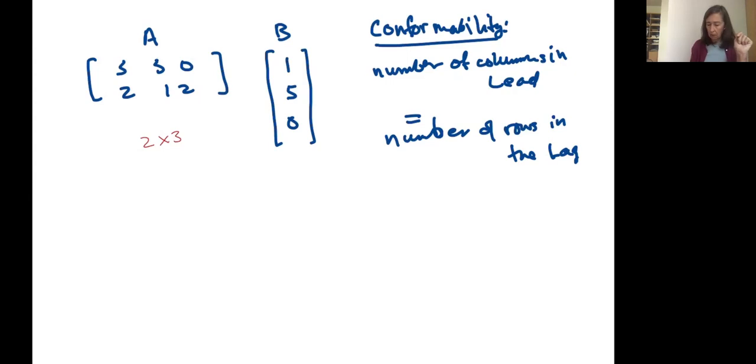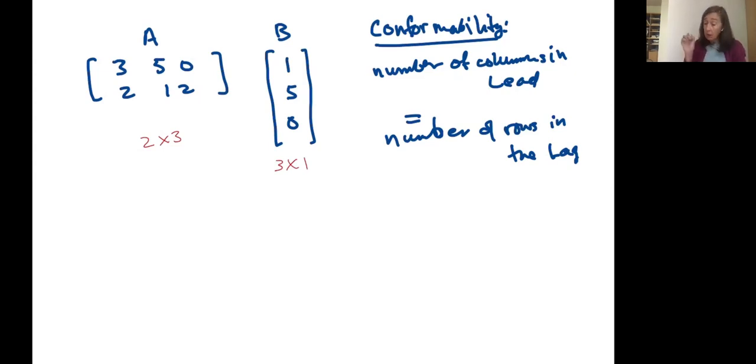And B is 3 rows by 1 column. Okay, so now we've correctly written the dimensions of each of these matrices underneath them.